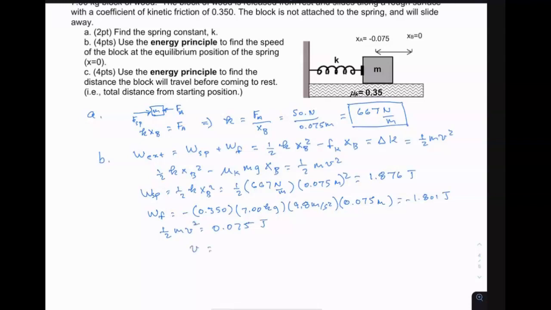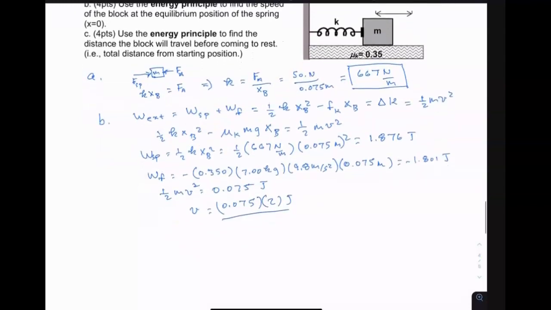So solving for the velocity, 0.075 times 2 joules in the numerator over the mass, 7.00 kilograms. I get 0.146 meters per second.